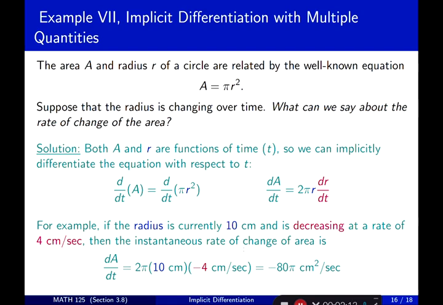This comes back and back: we're doing the chain rule, implicitly differentiating because there are multiple variables, all functions of time, and we end up solving the related rates, basically.